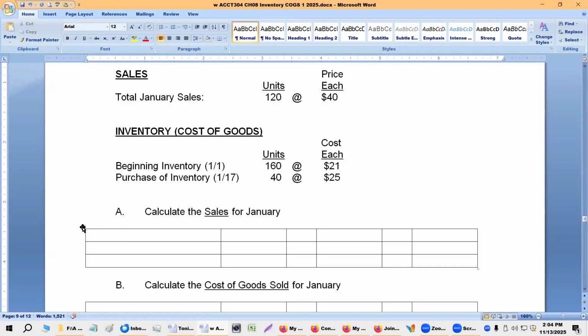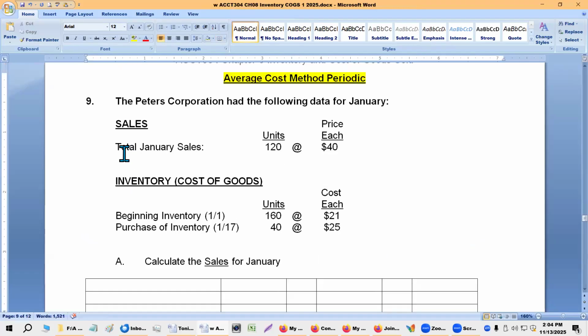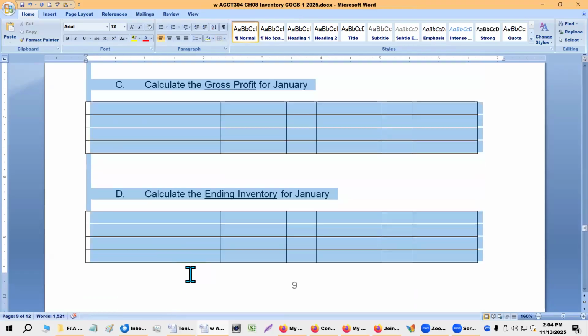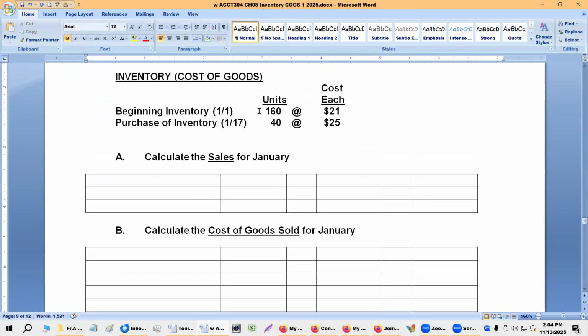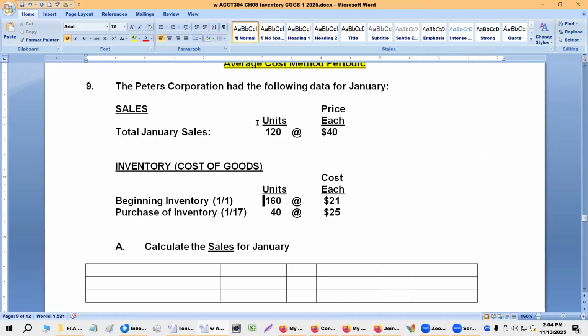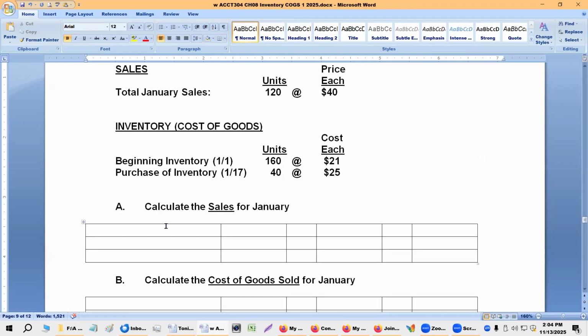Well, before we go too far, let's go ahead and get the sales in. Okay, sales are easy. Let's do the easy part first. So our sales, we had 120 at $40 each. It's exactly the same as before.